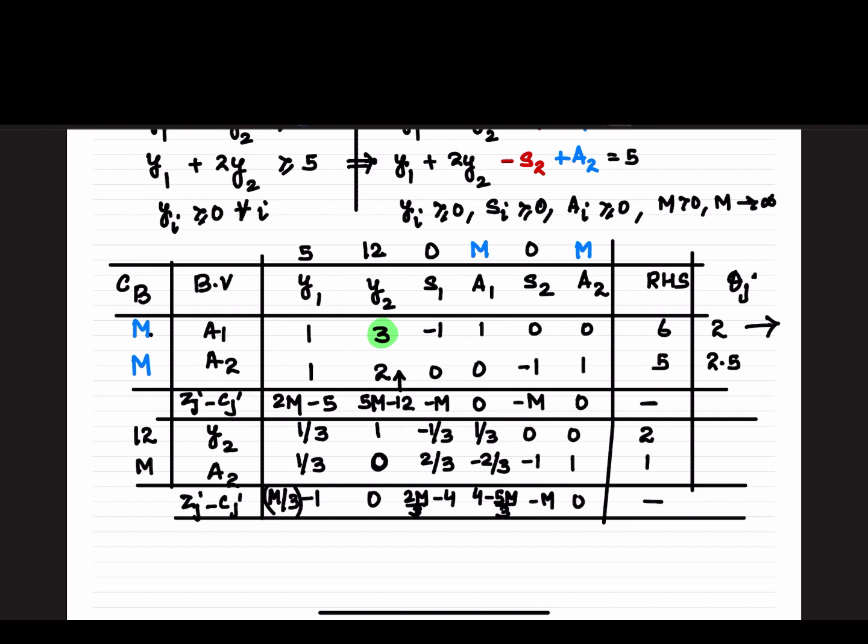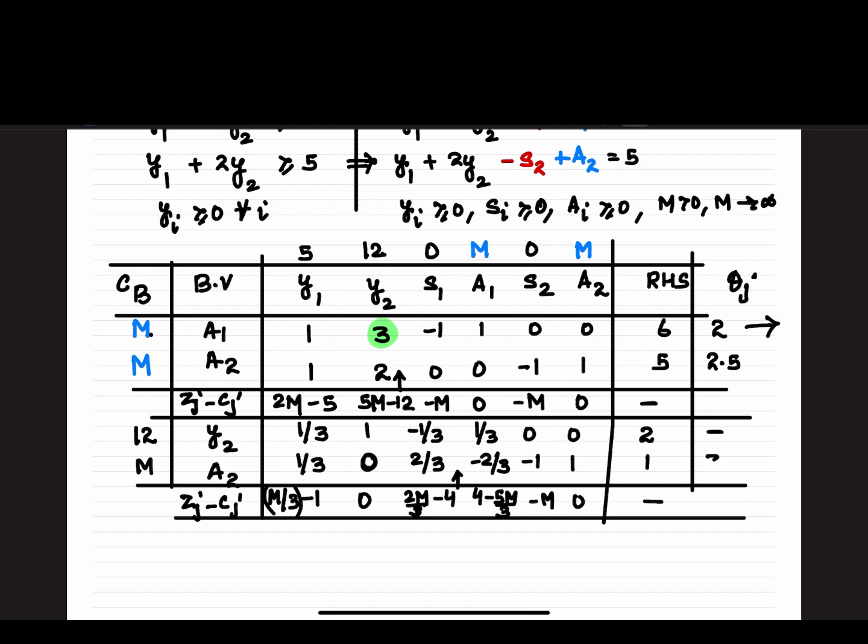इसको थोड़ा इधर कर देते हैं. So what value enters? Most positive. What is most positive? This value is most positive. Okay. So calculate the ratio. This ratio will not be calculated.